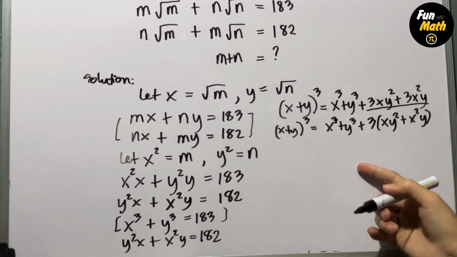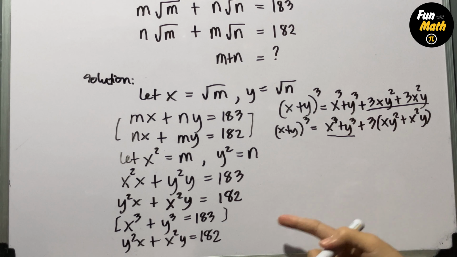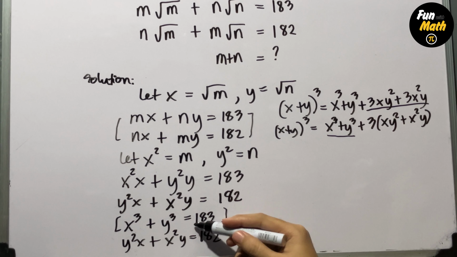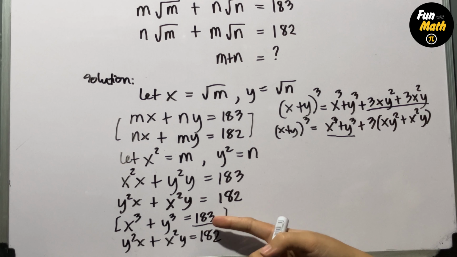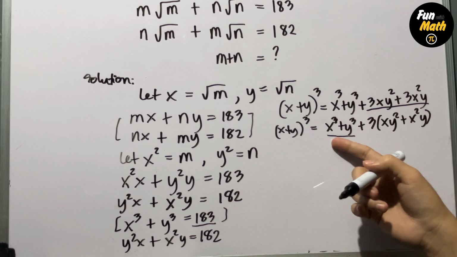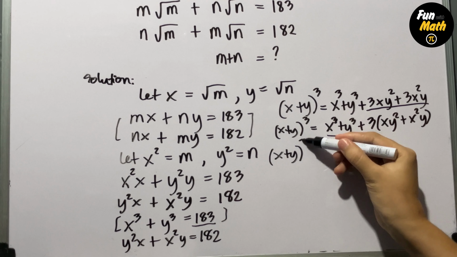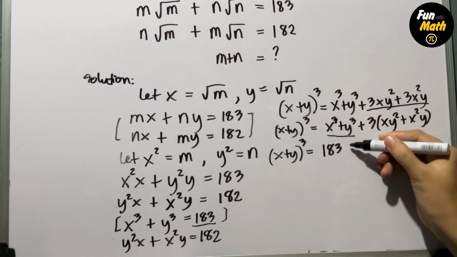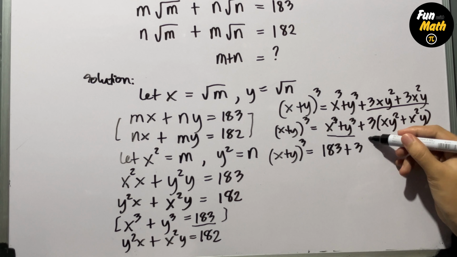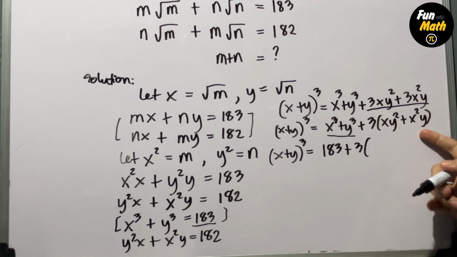And then for this part, x cubed plus y cubed, we have the value for that, which is equal to 183. So we can use this here. So x plus y whole to the power of 3 equals 183 plus 3 times xy squared plus x squared y.